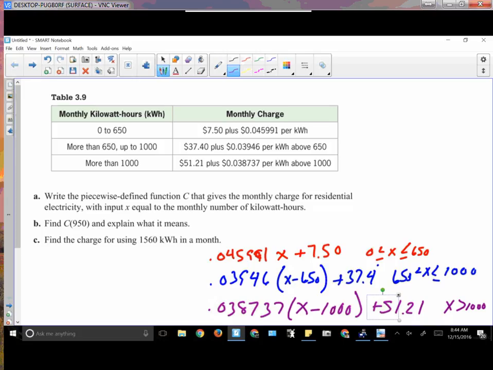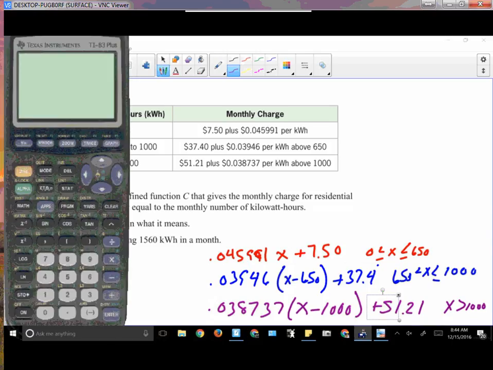Okay. What about the charge for using 1,500 kilowatts? Red, blue, or purple? Purple. So that means I would end up putting that in there, subtract off 1,000. So that would end up being, calculator on, so we would end up having, what is it? It's going to be 0.03837 multiplied by 560, yes?